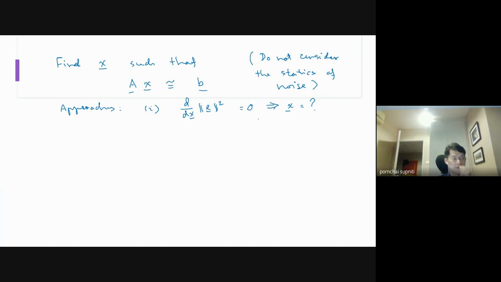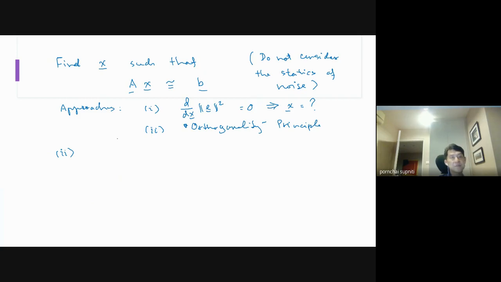The other way is to use the concept from the projection that we looked at earlier, which says that the error from the approximation is orthogonal. That is called the orthogonality principle. We will use approach number two. You can do approach number one as well, but I want to use approach number two because it's simpler.